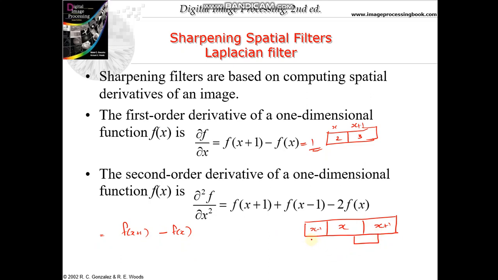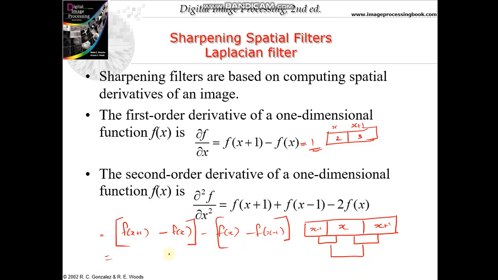Now the second difference is the difference between f of x plus 1 minus f of x, and the difference between these 2 points, f of x minus f of x minus 1. So the second derivative is the difference between these two.